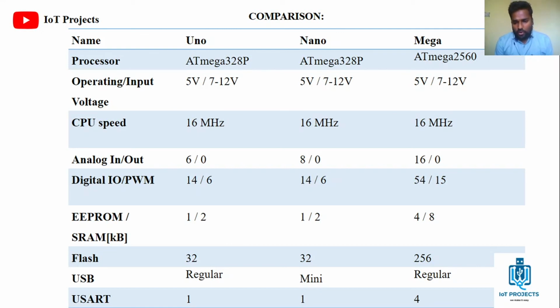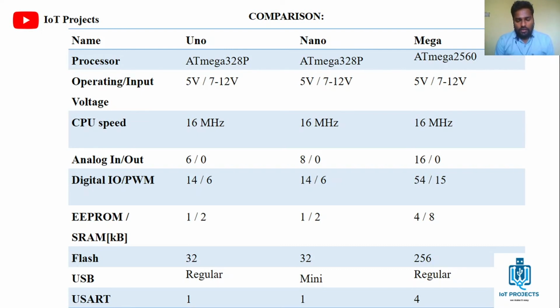You cannot use an external power supply through the power jack. There is no facility for that. And Mega is used for bigger applications, so if you need a large number of input output pins on the analog and digital side, you can go for Arduino Mega.